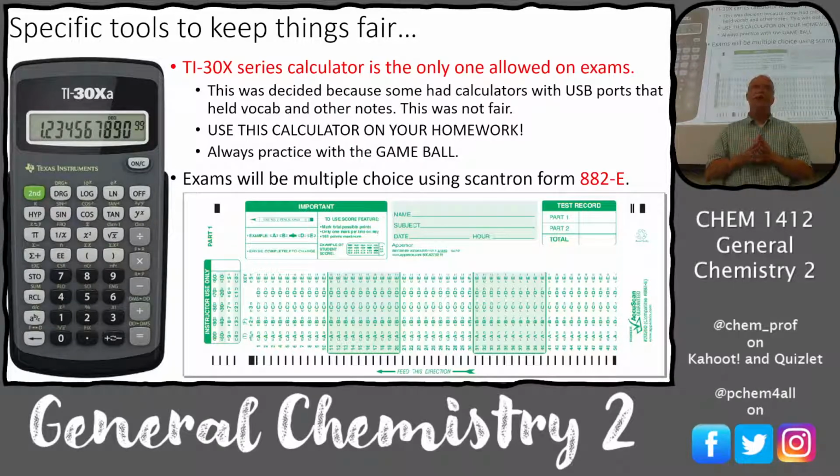So you want to get one now and use it on the homework, okay? Because you got to practice with the game ball, right? You don't want to do your homework on a TI-83 or on your phone, and then you get to the exam and you're using this, and you can't remember how to do scientific notation. If you don't practice with this calculator, then you're really hurting yourself on game day, right?